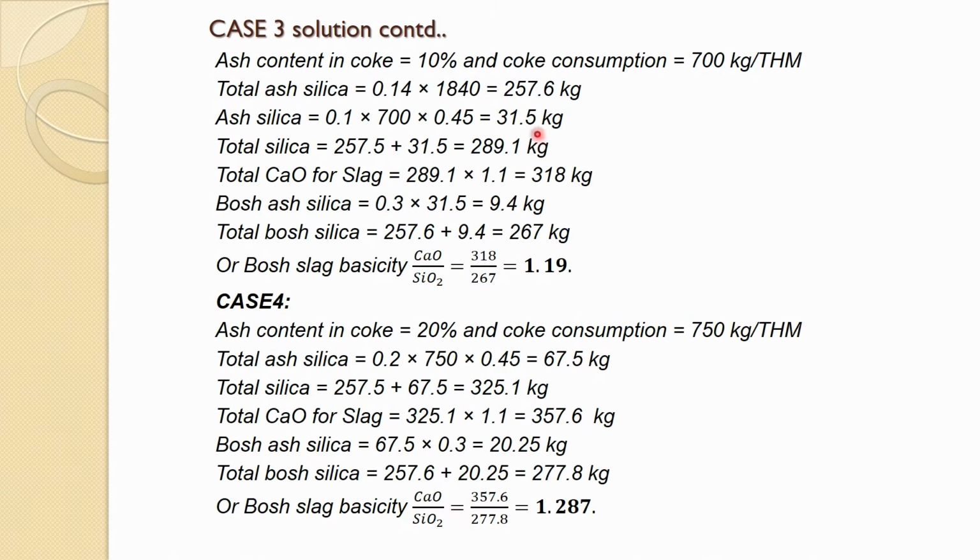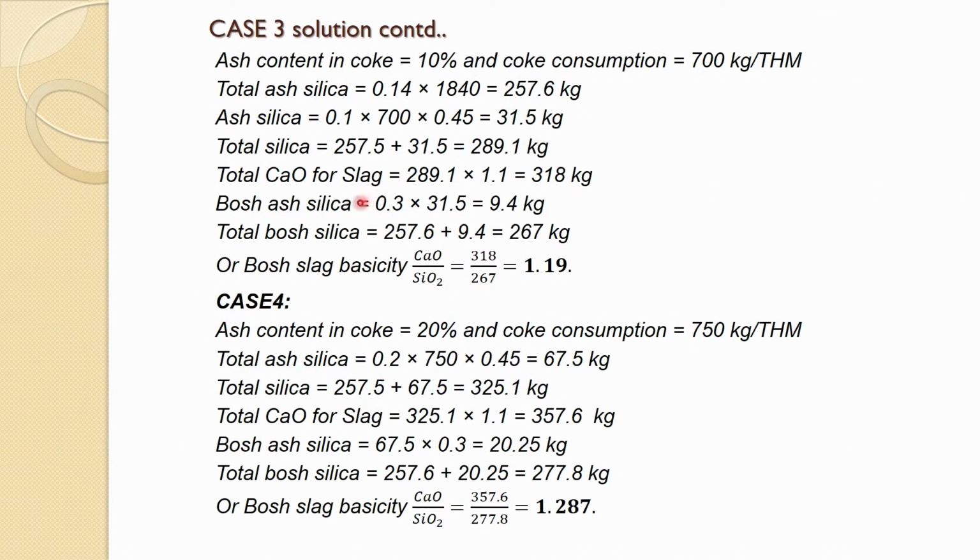289.1 kg. Now, total CaO, again we are maintaining the final slag basicity 1.1. So, your CaO requirement would be 318 kg. Now, this 318 kg, of course, we put in the starting, so when it is coming to the Bosh region it would be the same amount. However, the silica content from the coke in the Bosh region would be 30% of it.